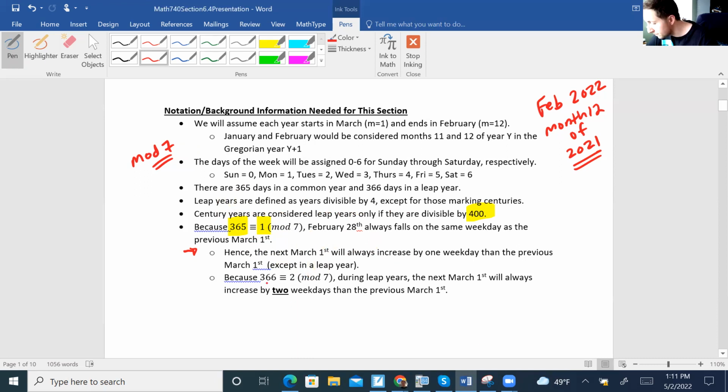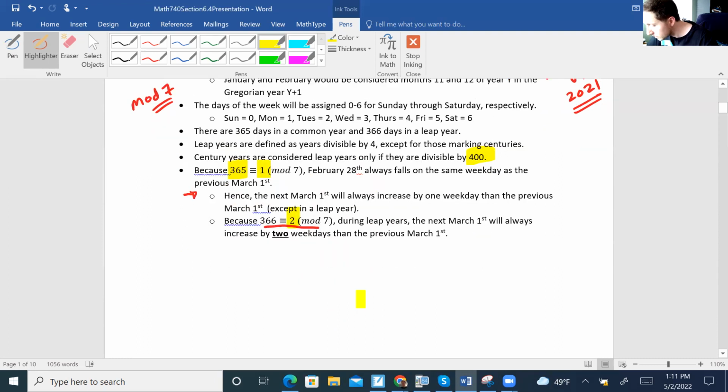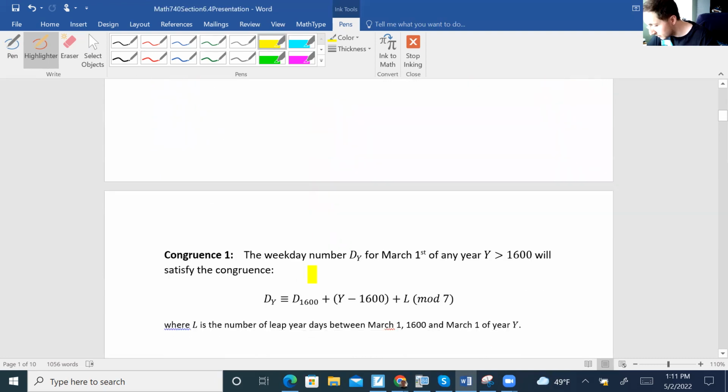If it's a leap year, because 366 is congruent to 2 mod 7, the next March 1st will always increase by 2 weekdays from the previous March 1st. So that's a little bit of background information we need.